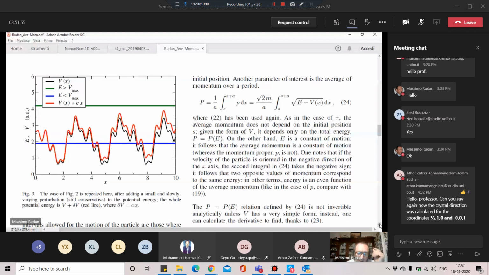You see it is written in the green, in the caption of the green line. It is the original potential energy V of x that is periodic plus some constant times x. Okay. Of course, the additional force produced by this c times x is the derivative with a minus, so it is minus a constant.